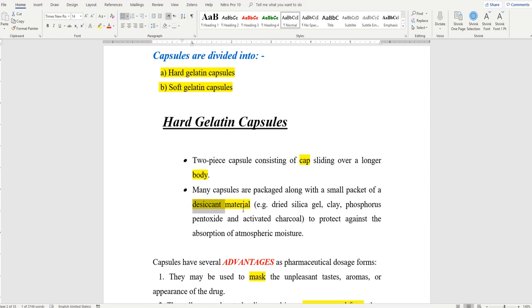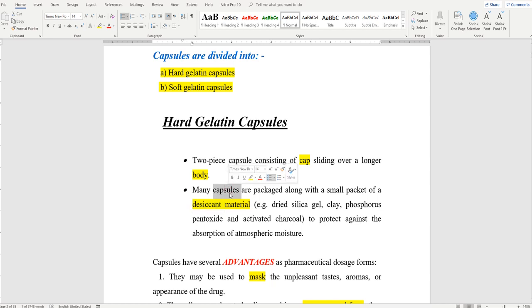What is desiccant material? Desiccant material is a material that is capable of absorbing moisture from the surrounding environment. Not only moisture, sometimes even gases, like for example smell, or CO2, etc. It can take these things from the surrounding environment.